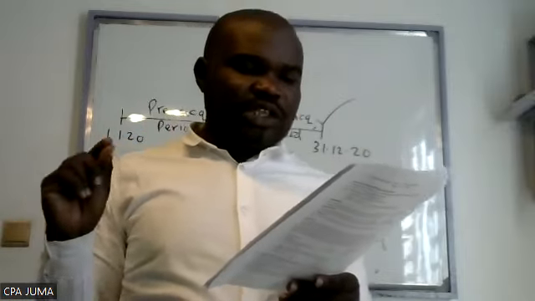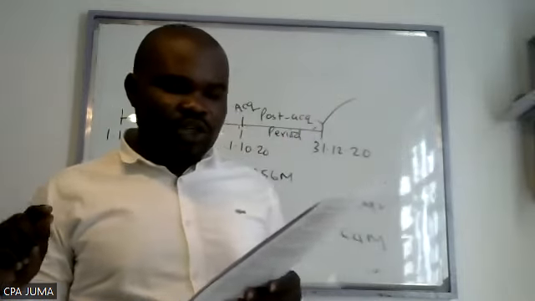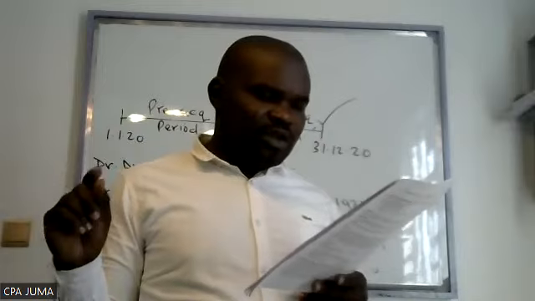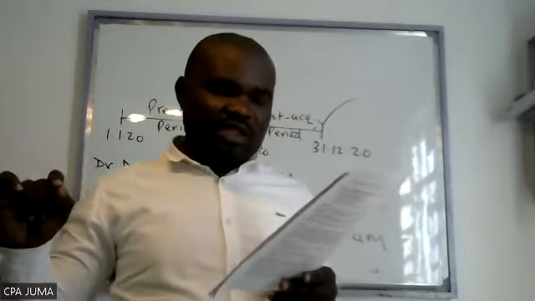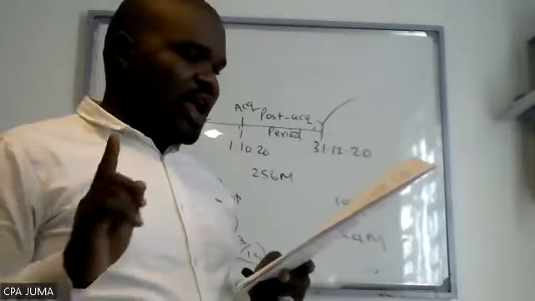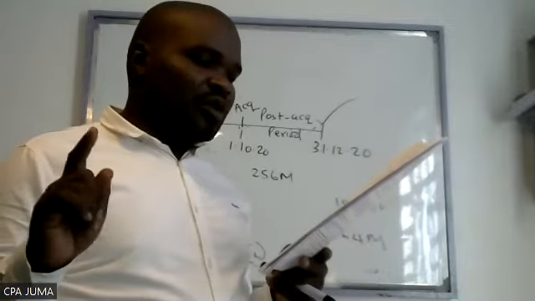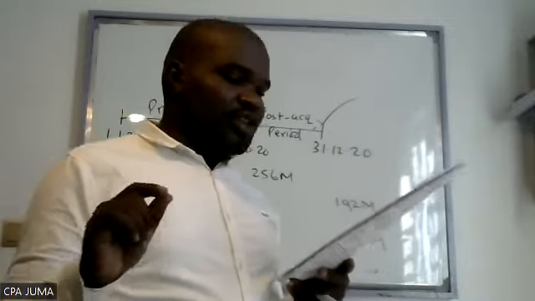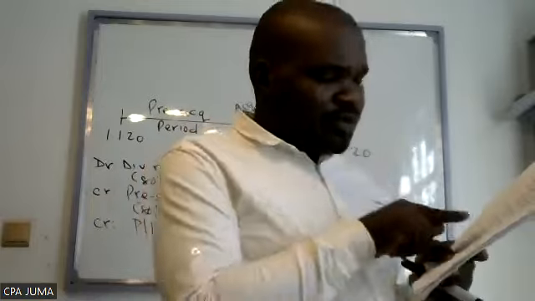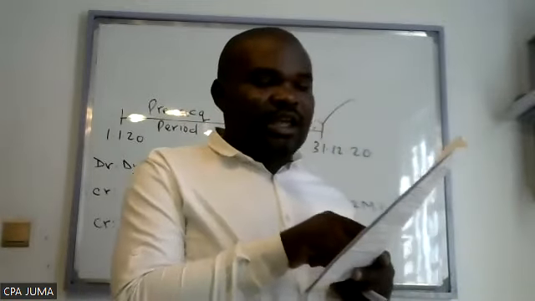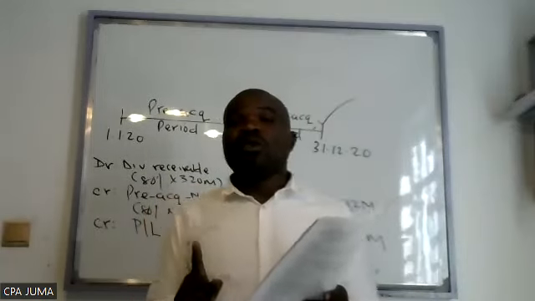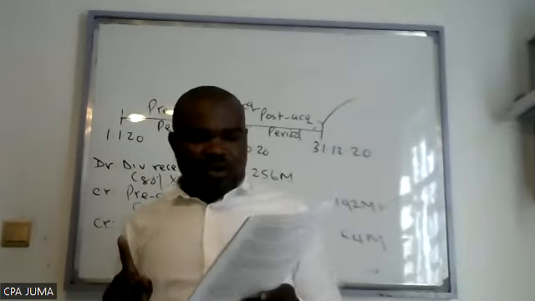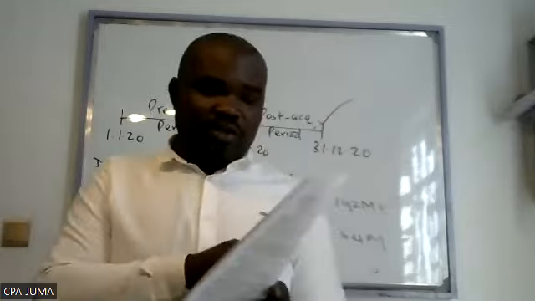A joint operation is a joint arrangement whereby the parties that have joint control of the arrangement have rights to the assets and obligations for liabilities relating to the arrangement. Underline that one: rights to the assets and obligations for liabilities. That's the key one. The parties are known as joint operators.